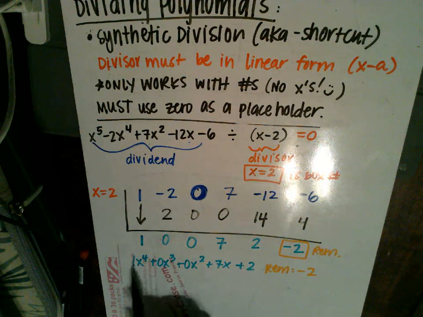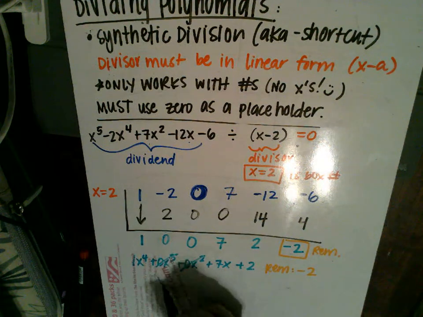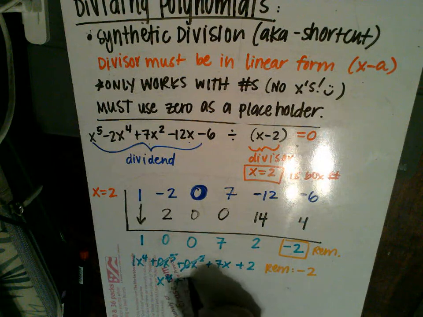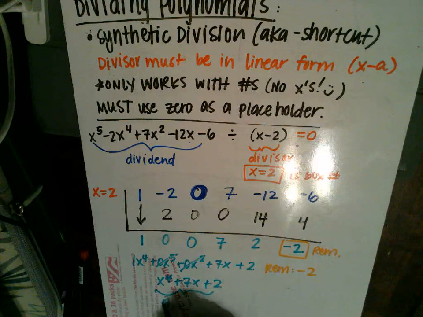Okay, now I can clean this up in my quotient. The zeros go away. I really have x to the 4th plus 7x plus 2. This is my quotient.